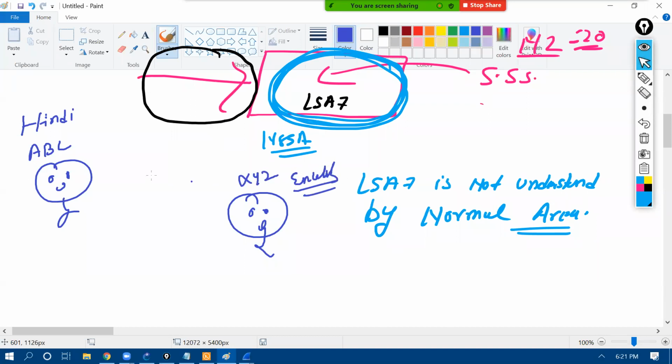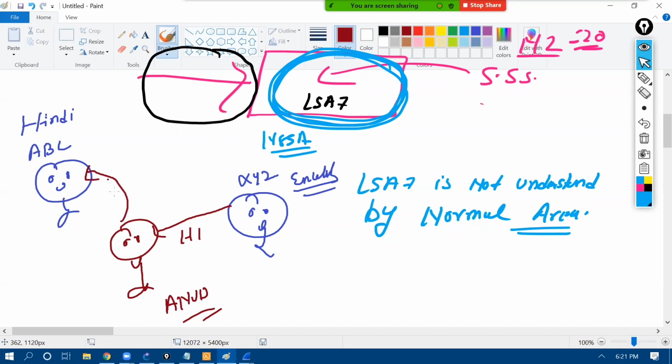So can they communicate with each other? Of course not. So here whom do we have to call? Anup. Anup is a guy who knows Hindi and English. So he says hi to this one, and now he will translate for her. So this is the guy who behaves like a translator. ABC does not know English or XYZ does not know Hindi, so we need to bring one guy who behaves like a translator.